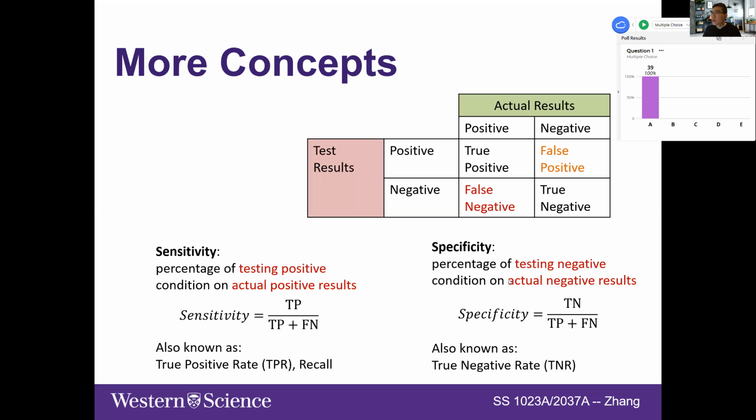In this case, because our condition is actual negative results, we're looking at the second column and looking for the event of the true negative. Just keep in mind that sensitivity and specificity are both the percentage of the truth, right? Sensitivity is the percentage of the true positive and specificity is the percentage of the true negative.